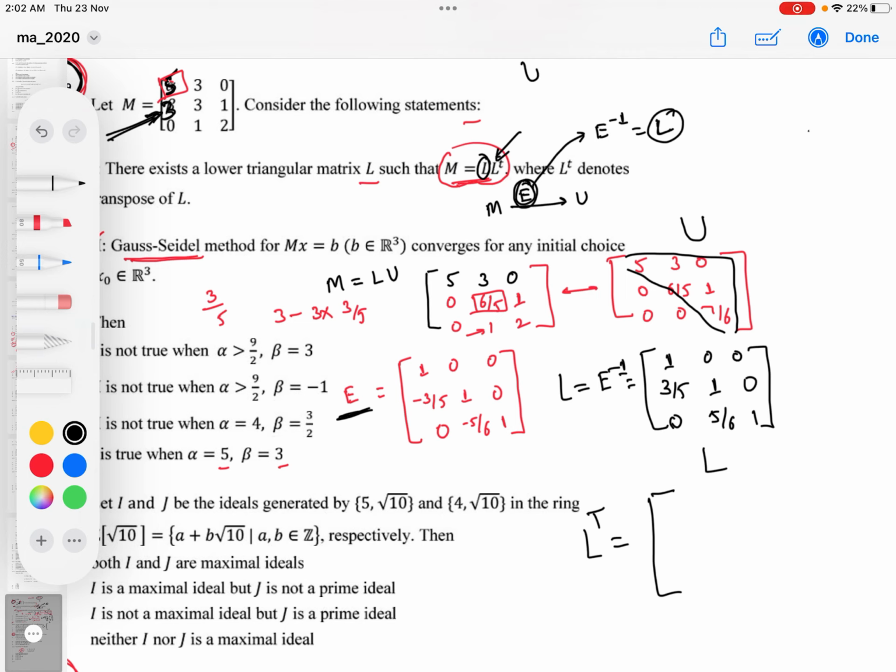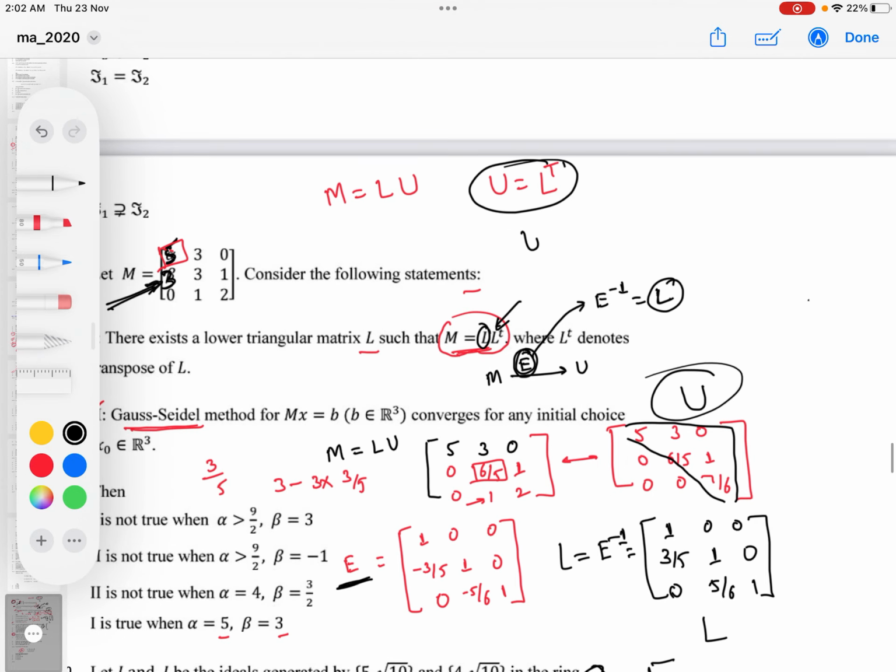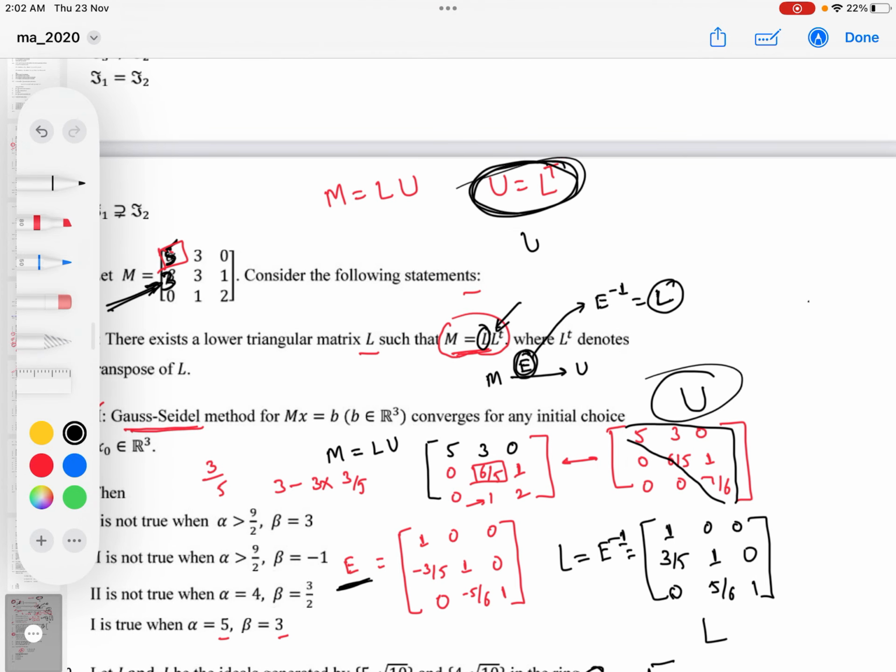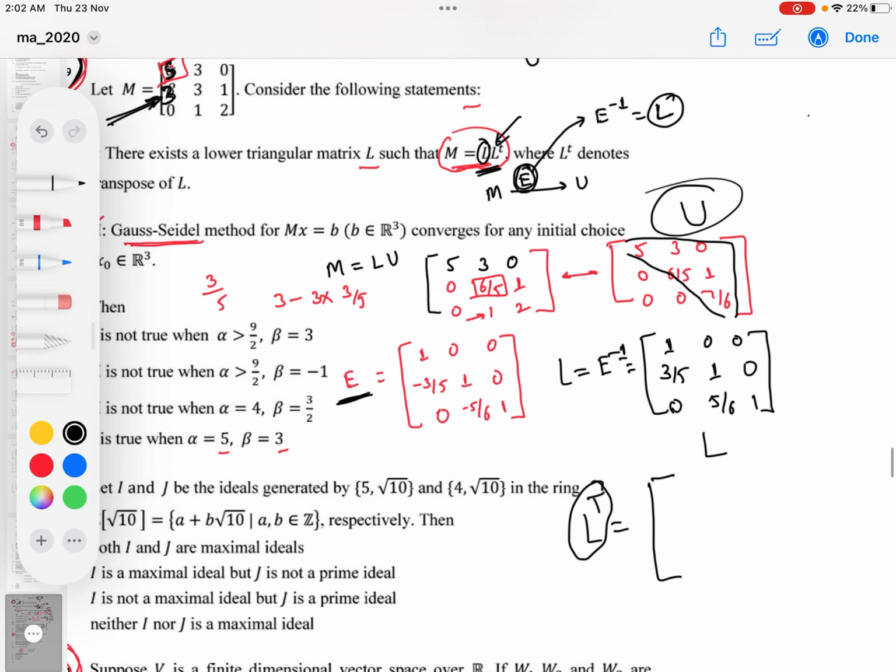The ultimate goal is to show you that this L transpose and this U are the same, because if we get these two the same, then we have M is equal to L into L transpose. So L transpose will be 1 3 by 5 and 0, and here it will be 0 1 5 by 6, 0 0 1, right?